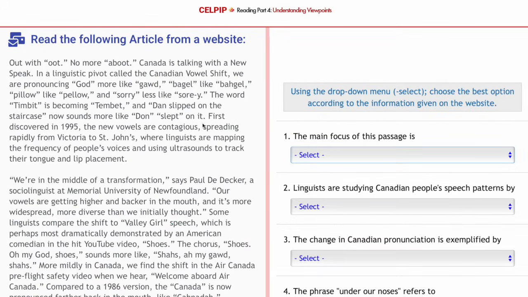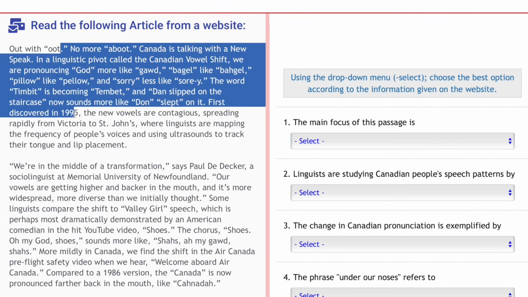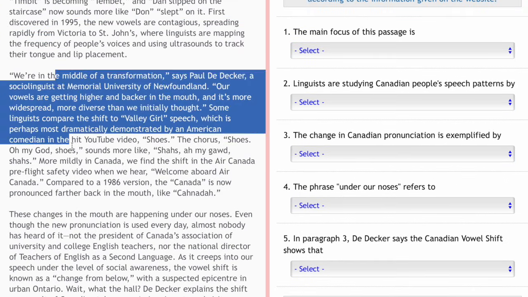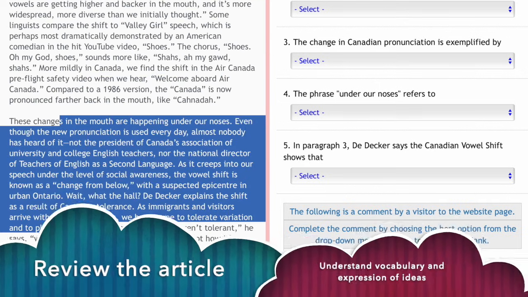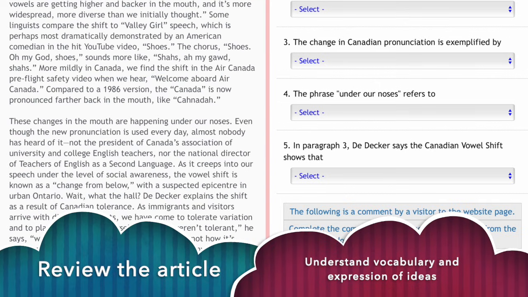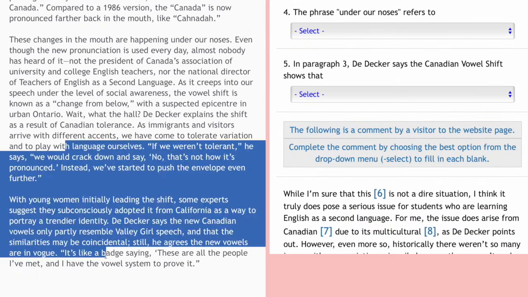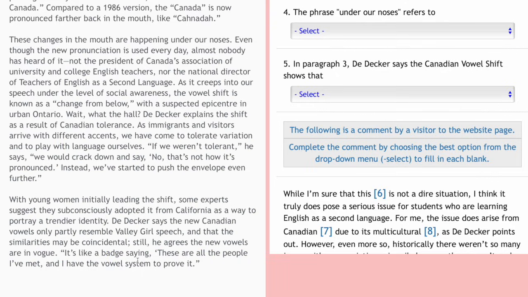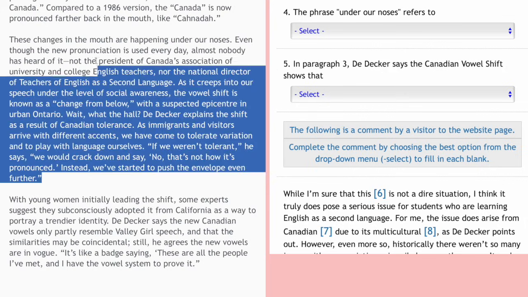And then it's also very important to review the reading. Let's read it again. Let's make sure that we understand the expression of sentences, ideas. And let's make sure that we understand vocabulary. Don't forget that vocabulary is one thing, but we need to understand vocabulary in use. Here it says to push the envelope. Very good expression. But how does to push the envelope even further relate to this idea?